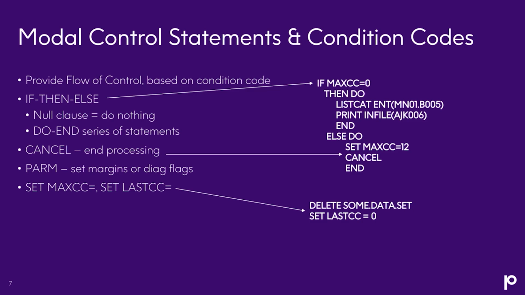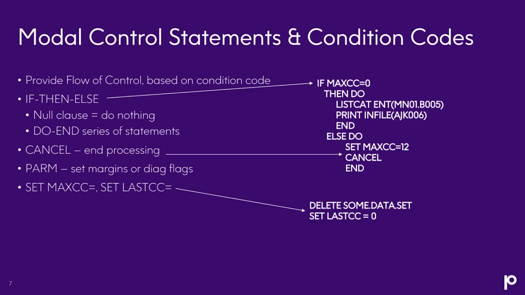I can set either the max condition code, that is, set the highest possible condition code of any of the preceding steps, or I just want to set the most recent condition code. So if I want to create a data set and I don't want to get an error, I might initially put in a functional command to delete some data set, and immediately follow that with a modal command to say set the last condition code to 0, because even if the data set didn't exist, I don't want a non-zero return code.